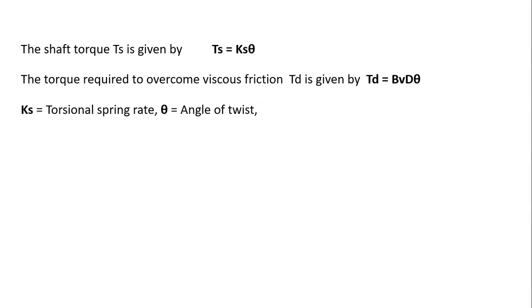Here, Ks is the torsional spring rate, theta is the angle of twist, and Bv is the coefficient of viscous friction. By substituting the values of Ts and Td, we get the final equation: T is equal to J D square plus Bv D plus Ks into theta.